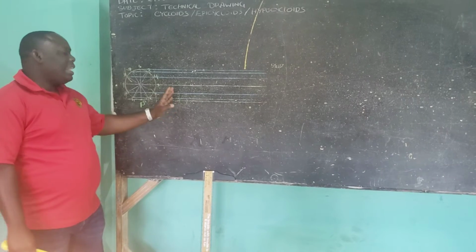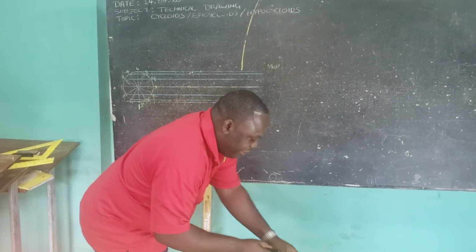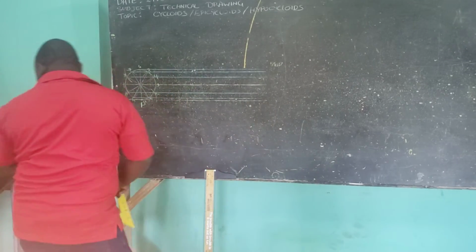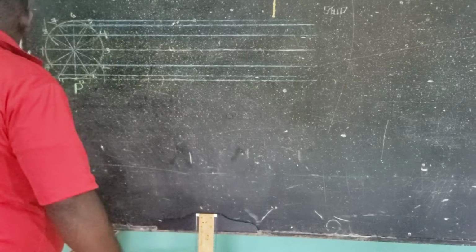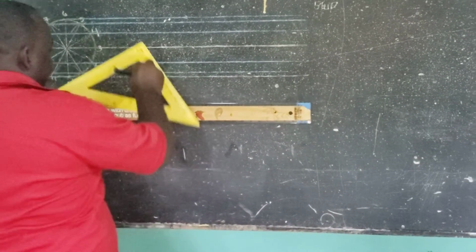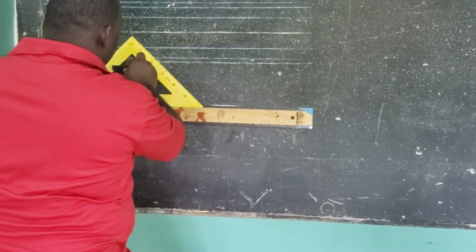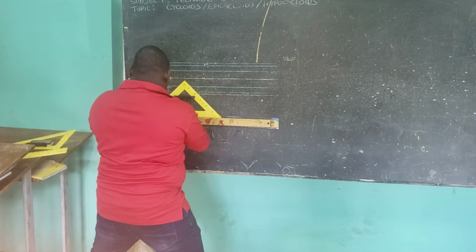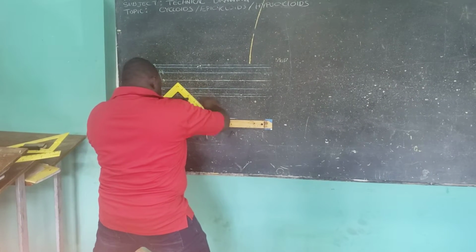Because remember that at 6, we know that the track breaks at a 45-degree angle. At 6, the track breaks at a 45-degree angle. Now, if we just put our little break right there, this is our 45 degrees set square. So at 6, the track is broken right here.